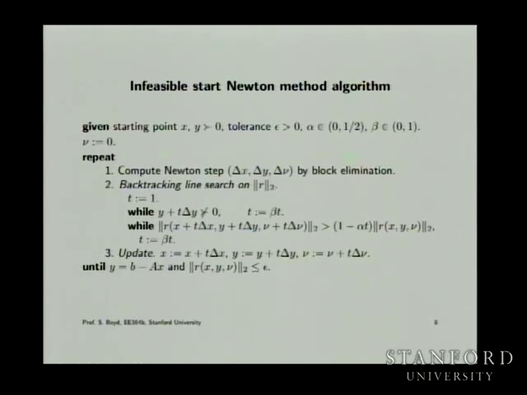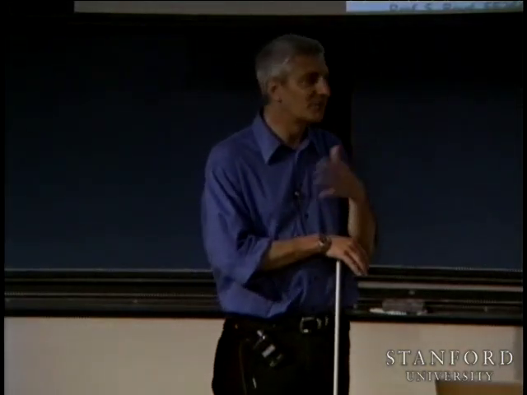In the infeasible start Newton method, you cannot use the function value to do a line search. That's completely obvious because you're infeasible. So your objective actually can be very, very good. It's just totally irrelevant because you're not even feasible. Anyway, it would make no sense.